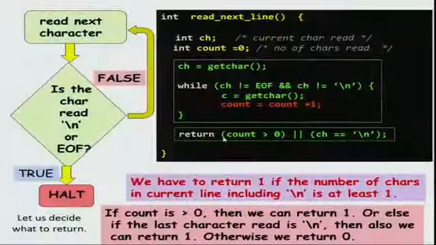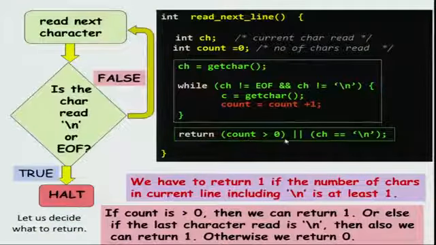Okay. So, what we have to do is return count greater than 0. This tells you how many non new line, non end of file characters have been entered. So, this should be at least 1, or there is exactly one character entered which is a new line. Okay. So, in either of these cases we will return a 1, otherwise we will return a 0.